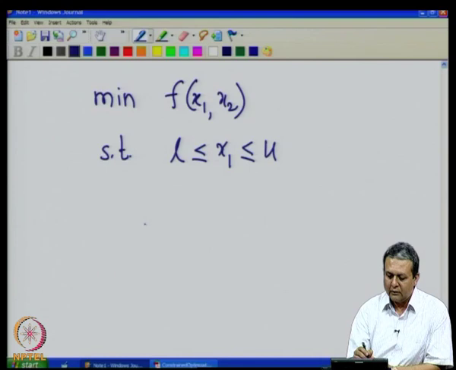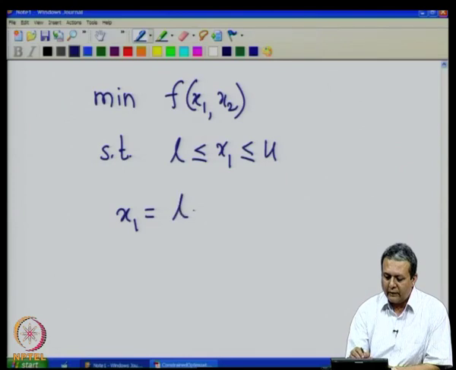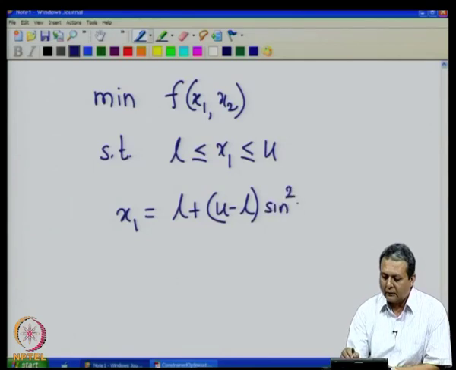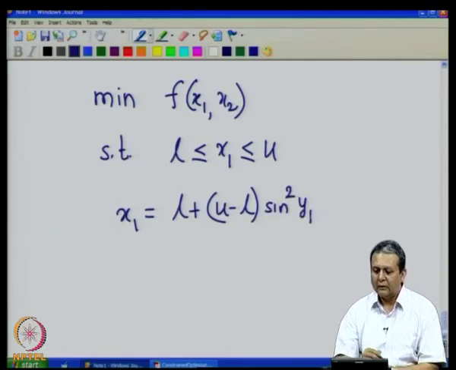For example, one can write x1 as L plus (u minus L) sin square y1. Now, sin square y1 takes values in the range 0 to 1.